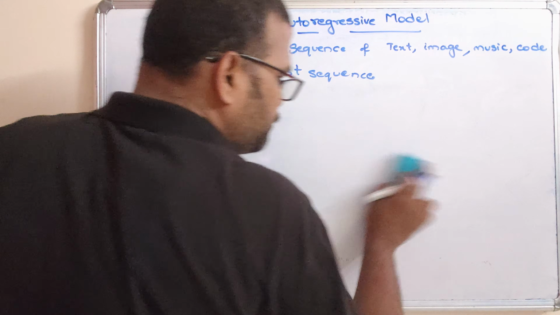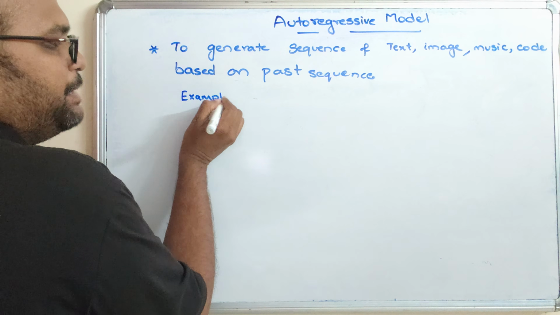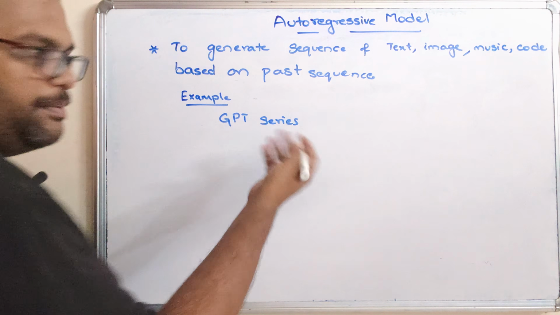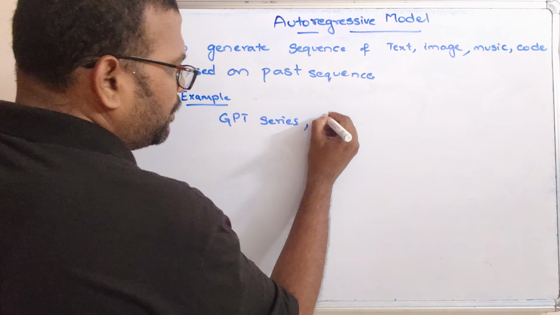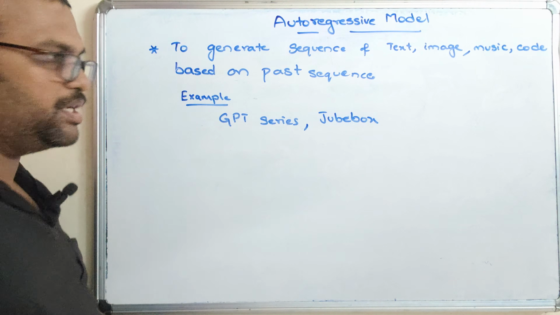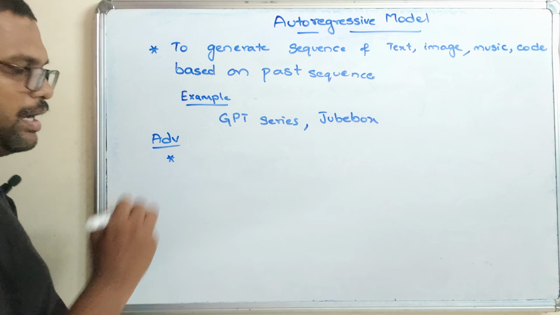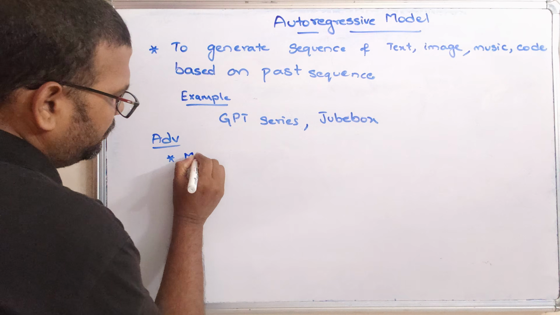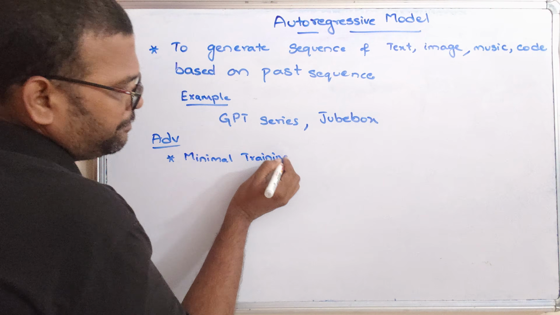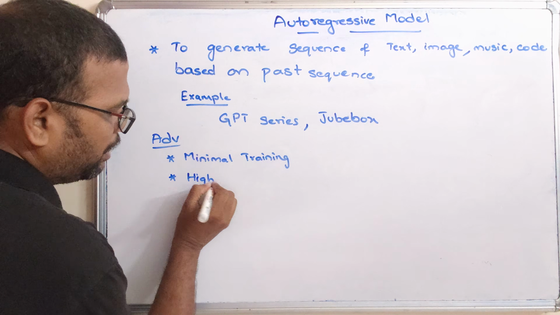Now, what are the examples, that means where are we using this? All the GPT series is one example. The GPT series uses the same kind of approach. And one more is Jukebox, used to create music. And what are the advantages? It requires minimal training, and it also gives high quality output.